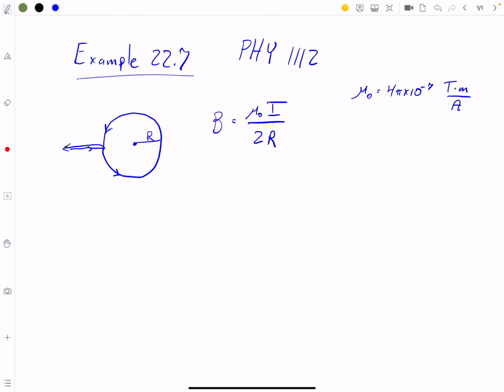Okay, good. Of course, the current I, whatever it is, will be given, and the radius will be given, so that all we really need to know is what is the direction of this current.